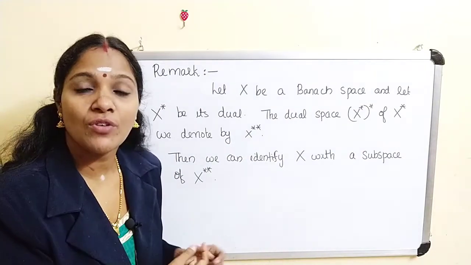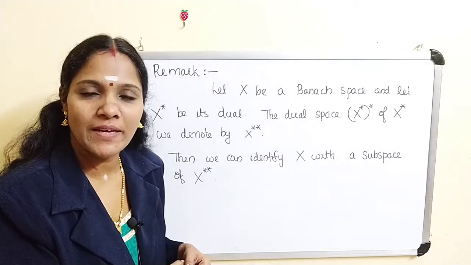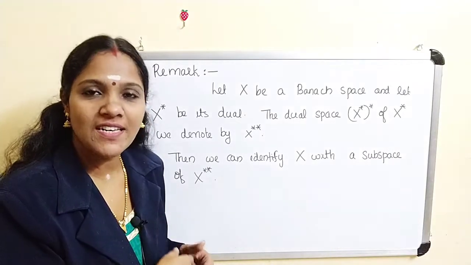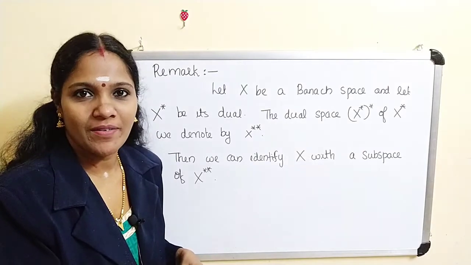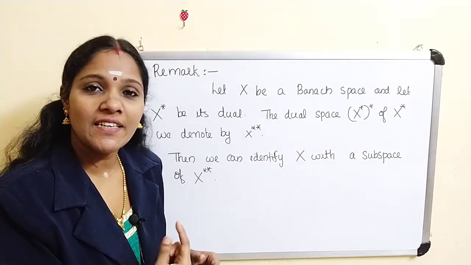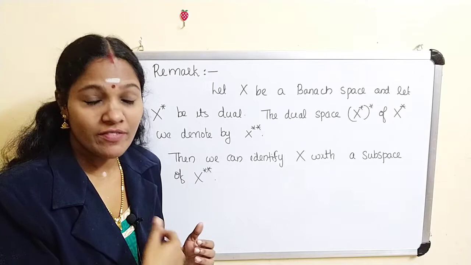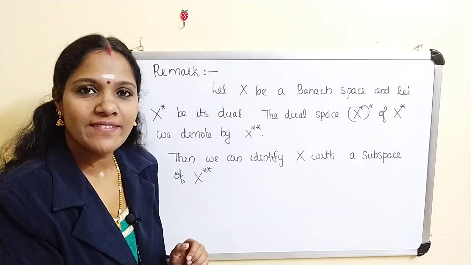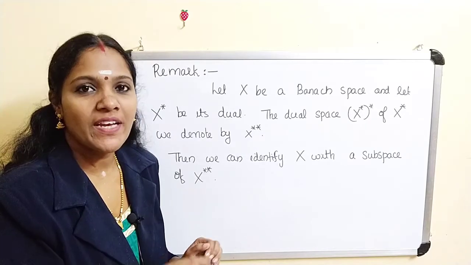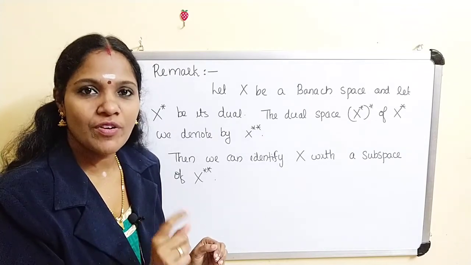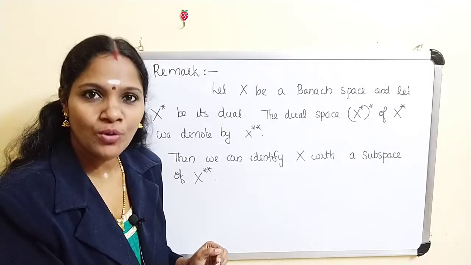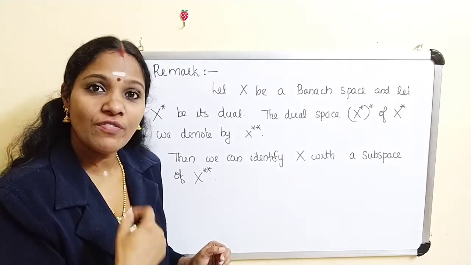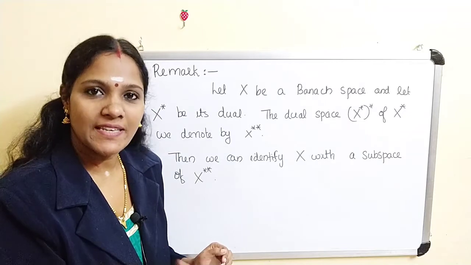The elements of X double star are linear functionals on X star. A linear functional on X star means we can define a function from X star to the field K or R such that the function is linear.